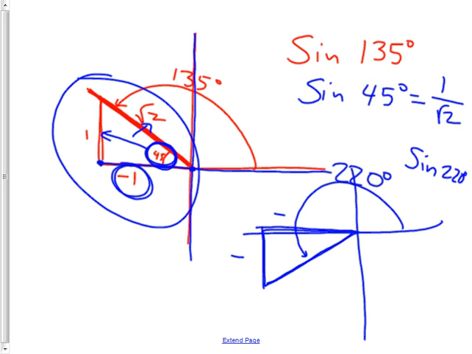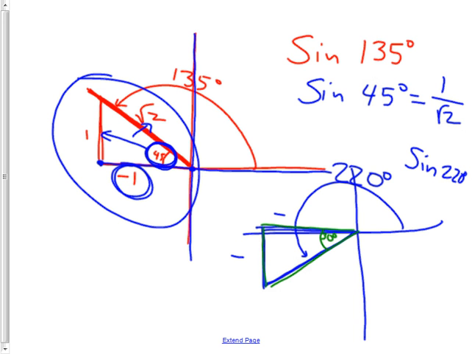So here's the reference triangle. Figure out the reference angle. Well, if that's 220, that was 180 plus how much was this part right here? 30. So really, that's a 30-degree angle. Can I just go figure out the sine of 30 now? No. I have to figure out the sine of 30 on this triangle, which has negative sides in it.